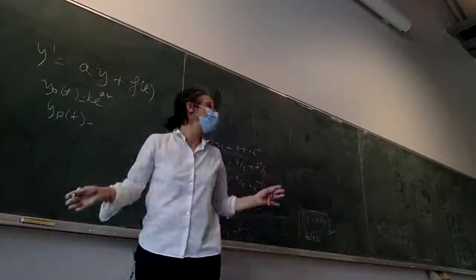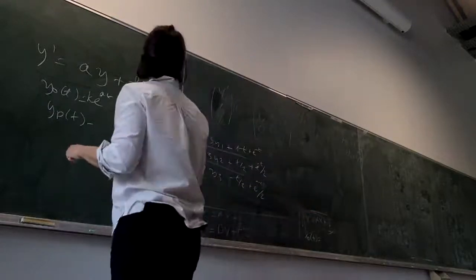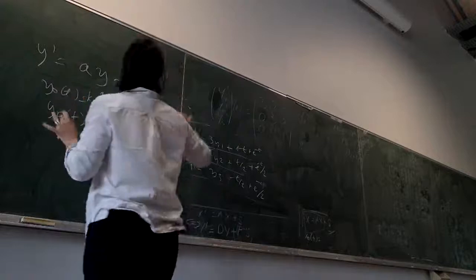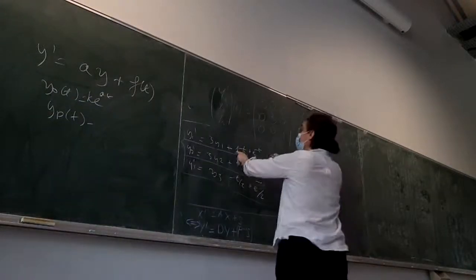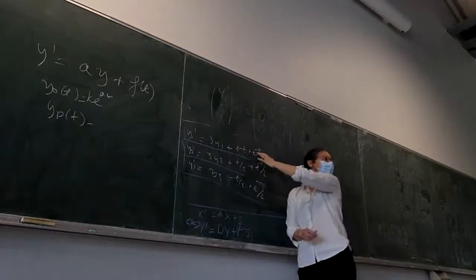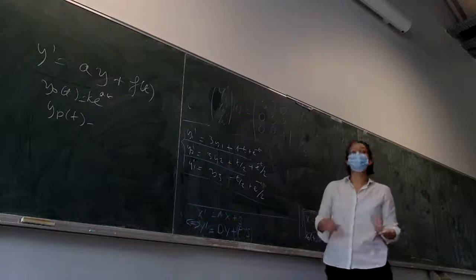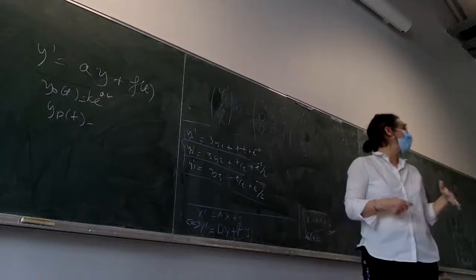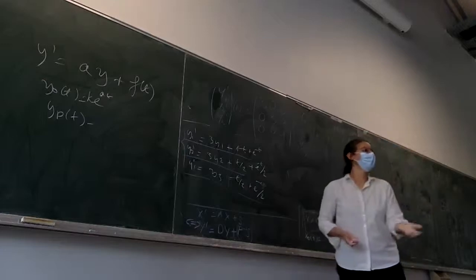Variation of parameters, which works all the time. But maybe simpler here, when we've got specific source terms like polynomials, exponentials, trigonometric functions, we know that we can look for the same kind of particular solutions. When you've got a polynomial, you can look for a polynomial.